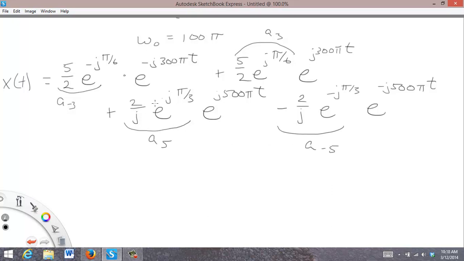But this is not exactly the way we want to write things. I have j, and then I have an e to the j. So this is sort of a mix between rectangular and polar. I'm going to rewrite a5 and a minus 5 in polar notation.